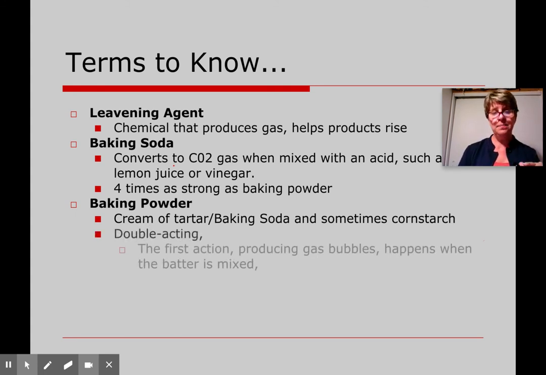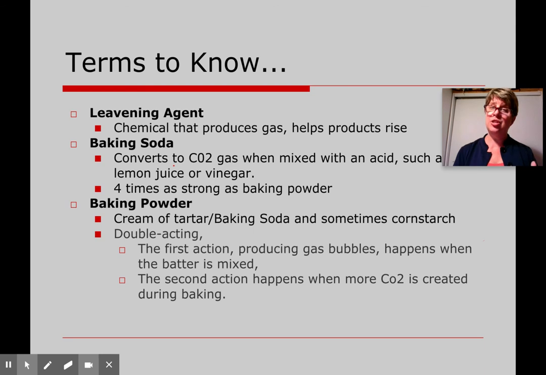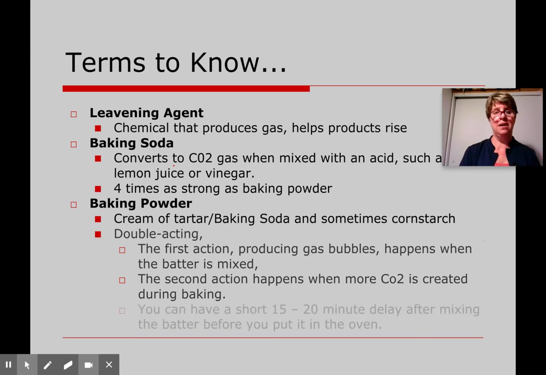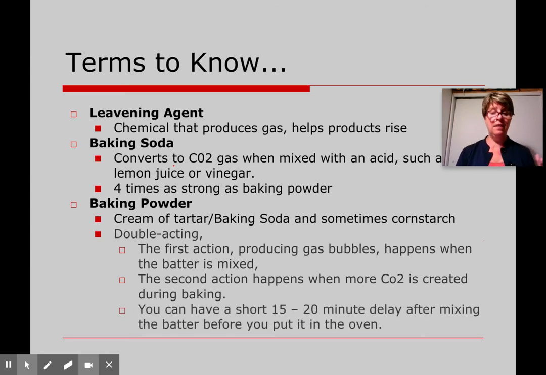It's double acting. The first action produces gas bubbles and happens when the batter is mixed. The second action happens when more CO2 is created during baking. A little science going on here. You can have a short 15 to 20 minute delay after mixing the batter before you put it in the oven.